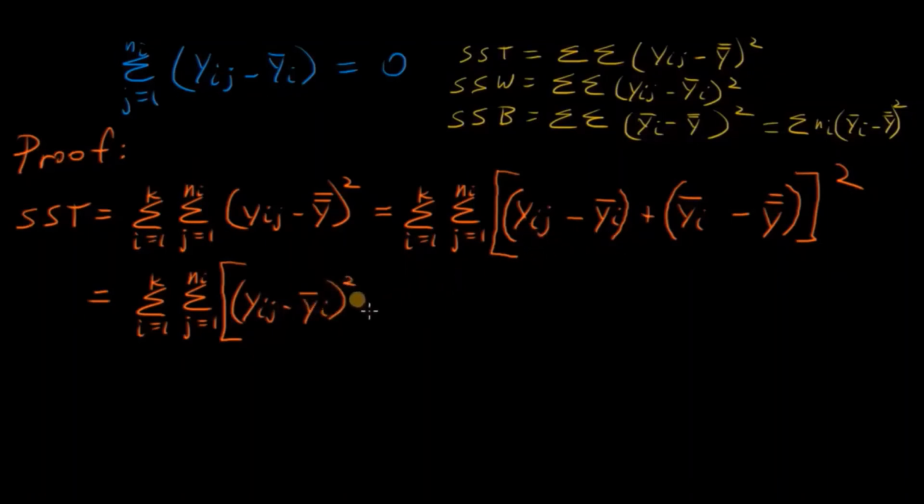We get the first thing squared, and then we get 2 times this thing times this thing. And then we get this thing squared.